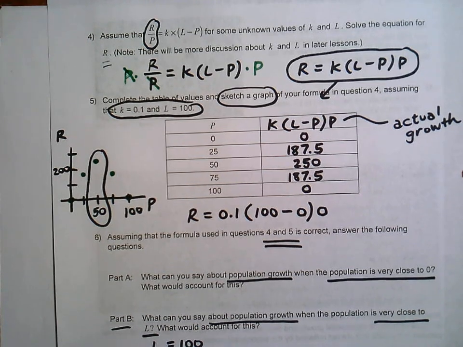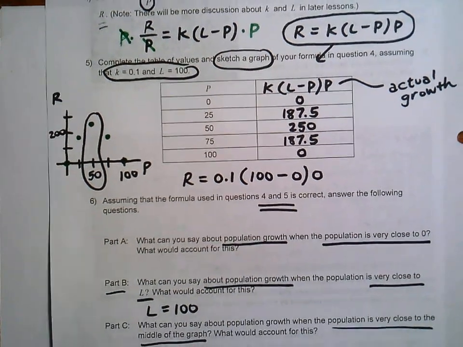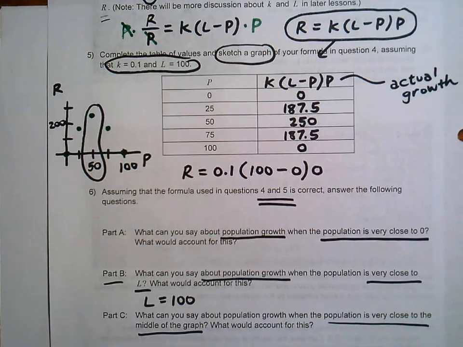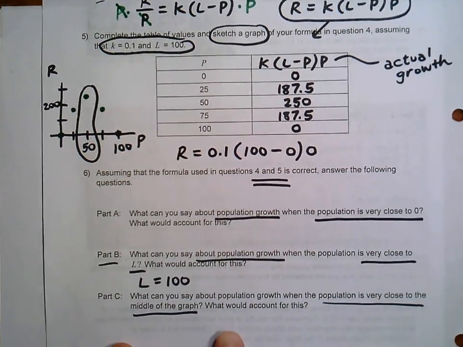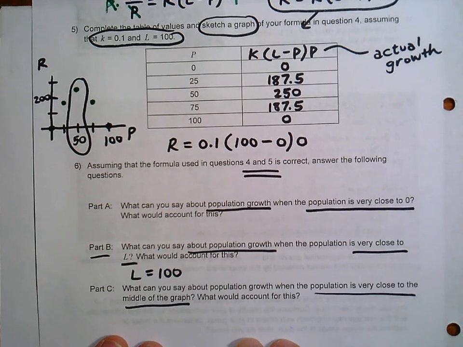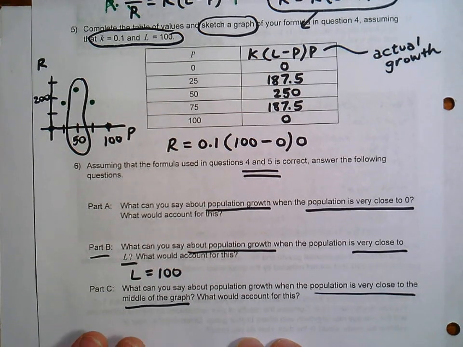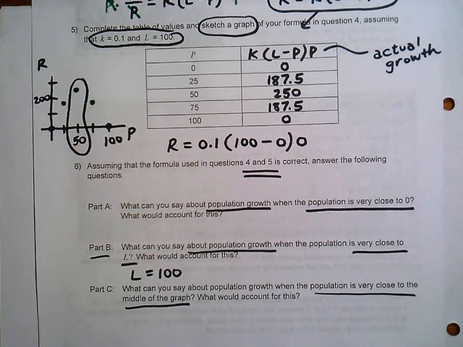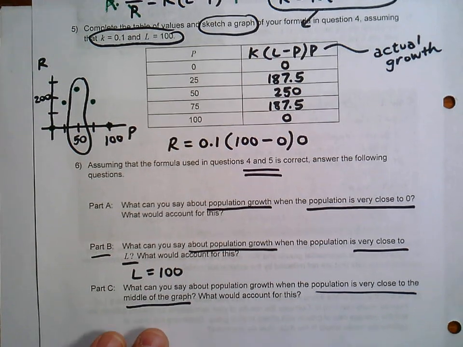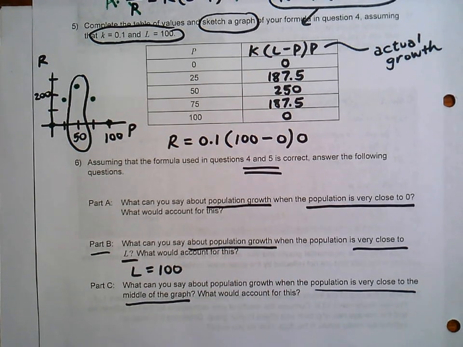Perhaps the population is large enough to allow for lots of breeding, but it's not so large as to cause any problems with resources, things like food and also space. So here is where, part C is where we really see the maximum growth rate.